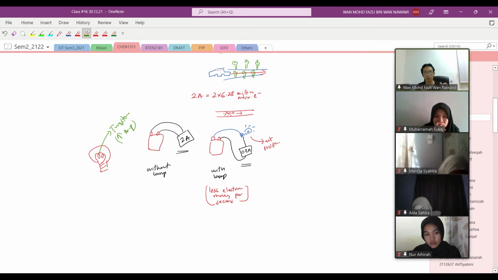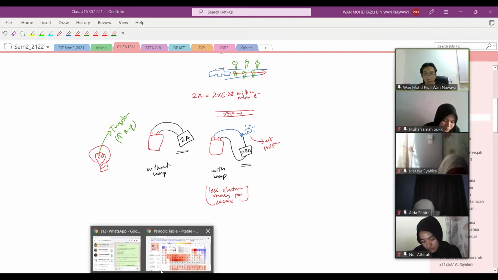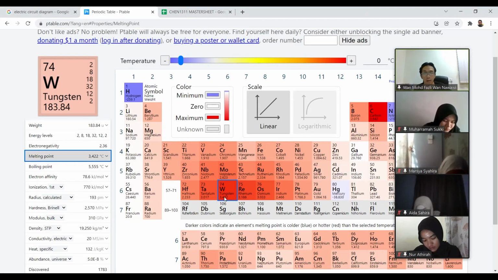So normally people use tungsten, because it has a high melting point. Tungsten can stay because the electric current that goes through the lamp is not enough to melt the tungsten yet. So that's why people use tungsten: in the periodic table you can see tungsten is one of the materials with the highest melting point.